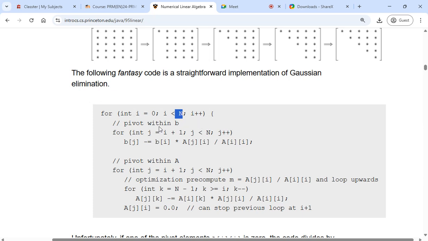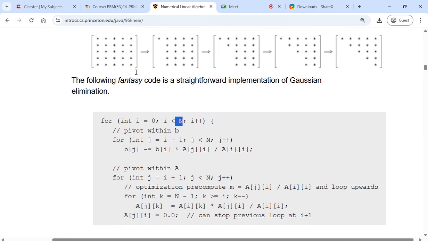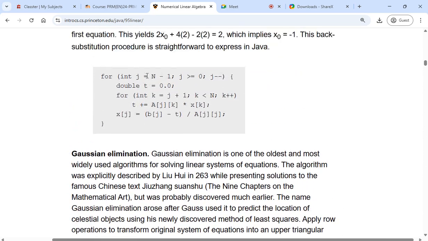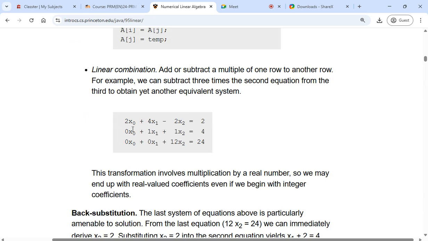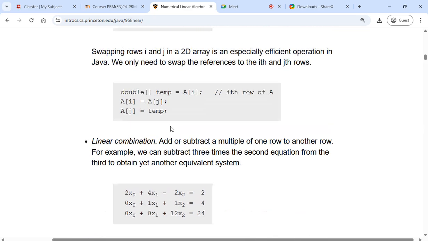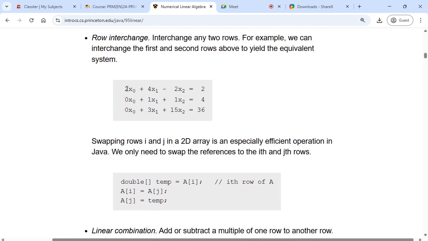Now there is an interesting thing. What is the pivot within B? And here we have an interesting case. What is that B? And here I want to warn you that we are coming to the solution of linear equations, as I told you before. And you can see this is the linear equation. What is the linear equation? It is the equation where you have different numbers of unknowns and equations.